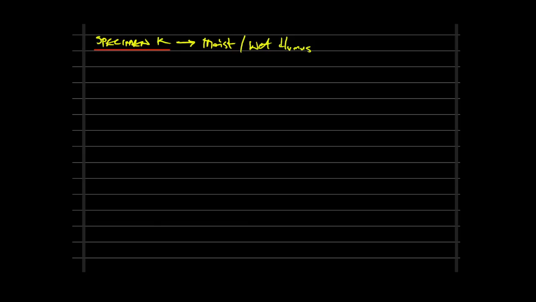Now, it is similar to the dry specimen we have talked about. The only difference is that this one is wet, and because it is wet, it allows plants to absorb the nutrients found in it. That is the major difference.